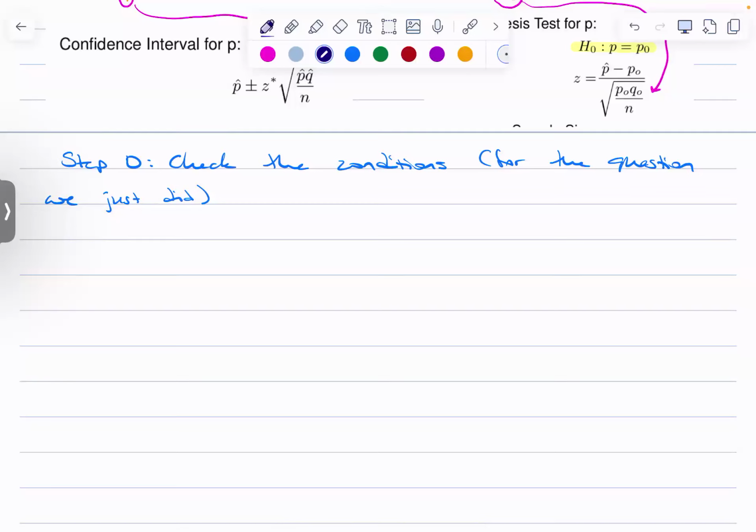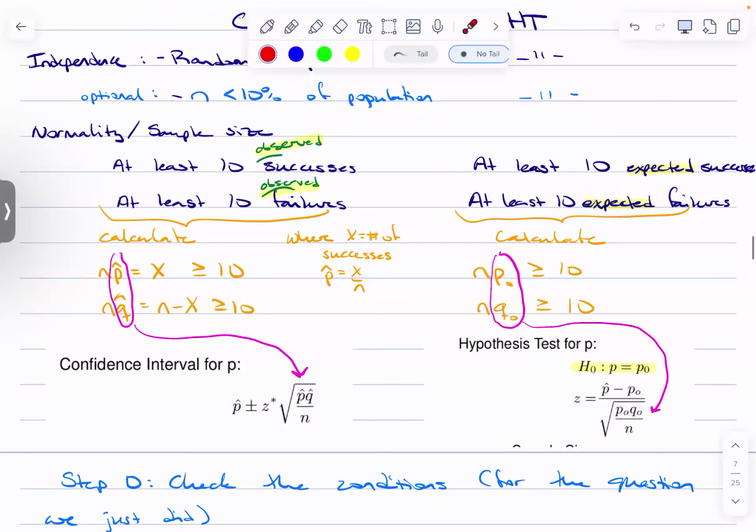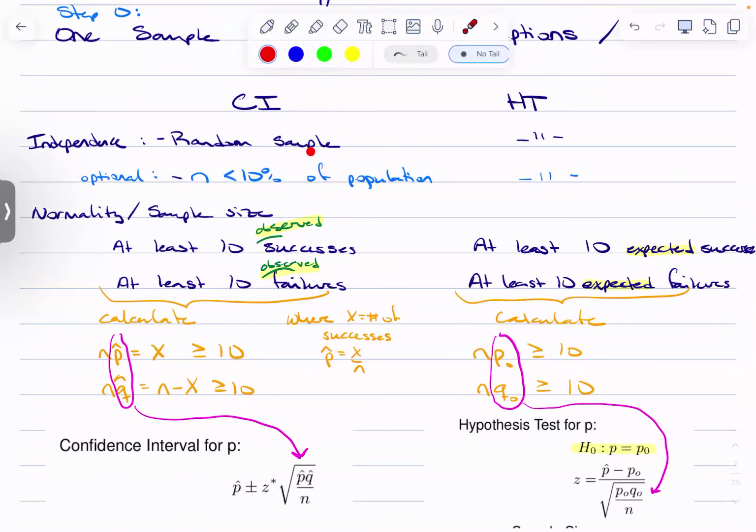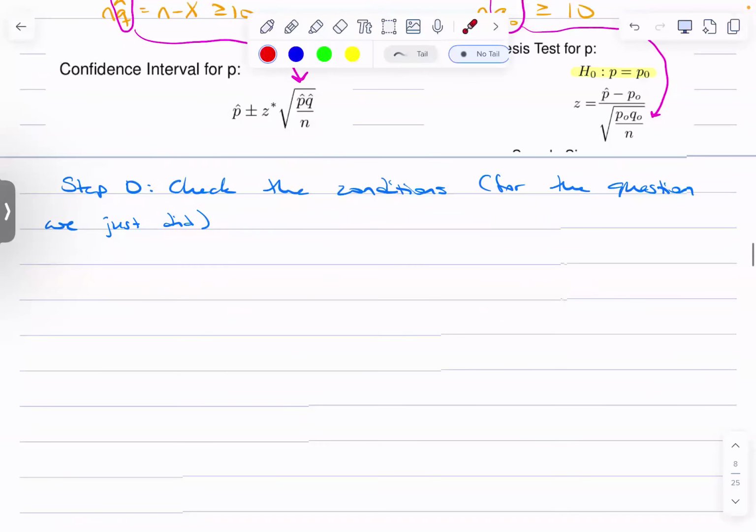We read on and we understood that we needed to do a hypothesis test, and we have a one sample proportion type of question. And so I need to check, was it a random sample? We can also talk about the 10% condition. And then I need to make sure that I have at least 10 expected successes and at least 10 expected failures, right? And then my conditions will be satisfied.